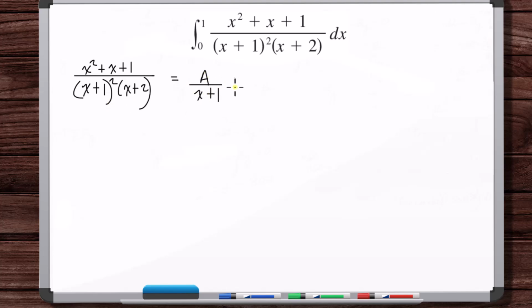So the form is, that's the form. So now let's solve for A, B, and C.